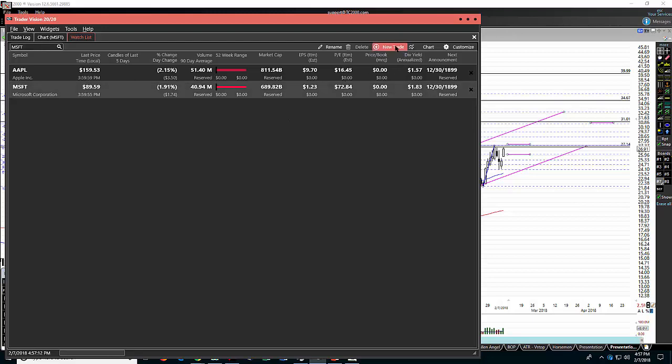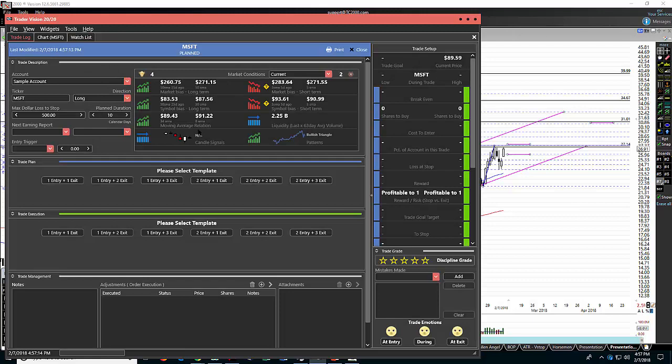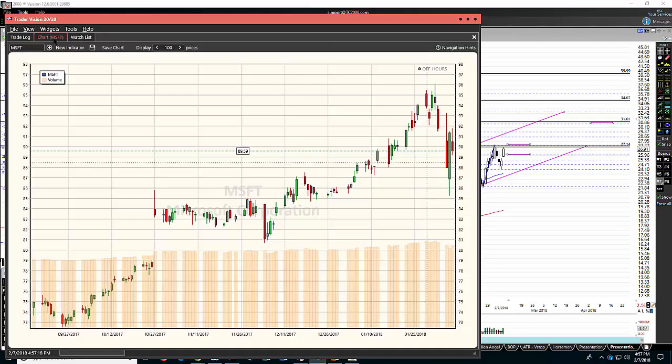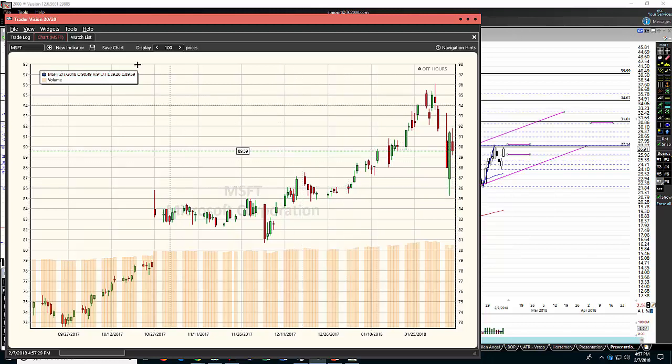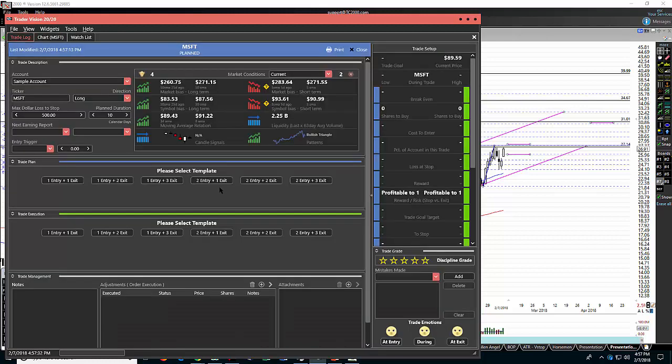And over here, I open it as a new trade. In the next version that will be released here soon, you'll be able to right-click from the chart and either move it to a watch list or open a trade for it. In either case, that will work for you. So that's how you go about that.